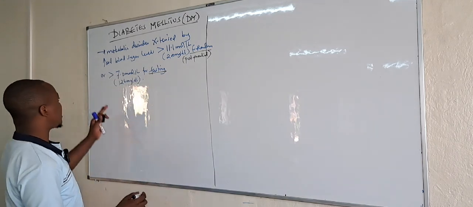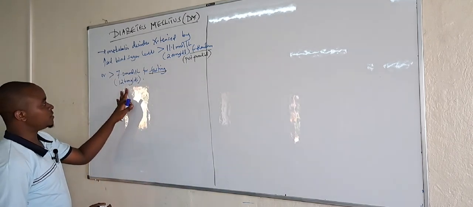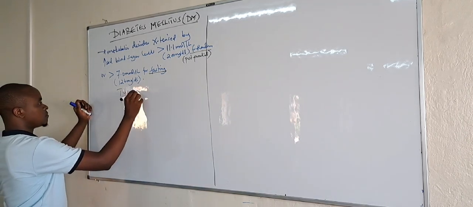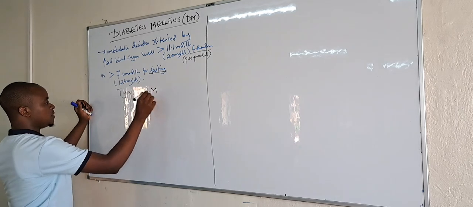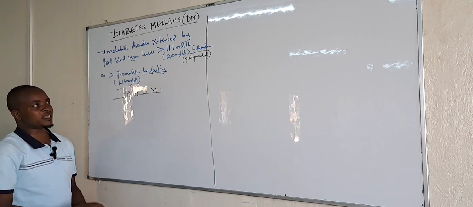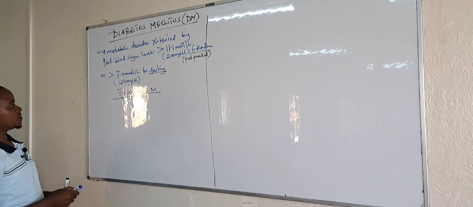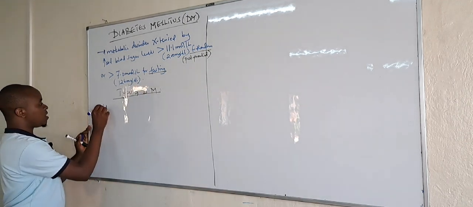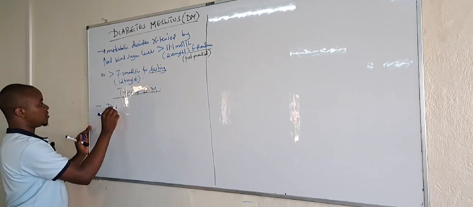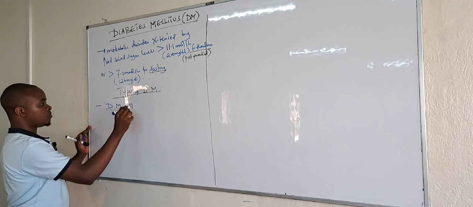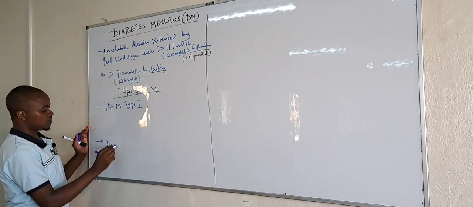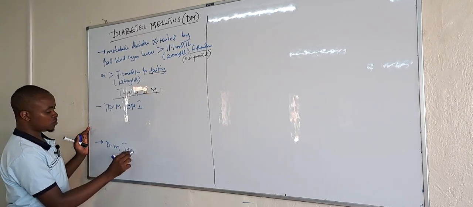And there are many different types of diabetes mellitus. So let us look at the types. The major types are diabetes mellitus type 1 and diabetes mellitus type 2.